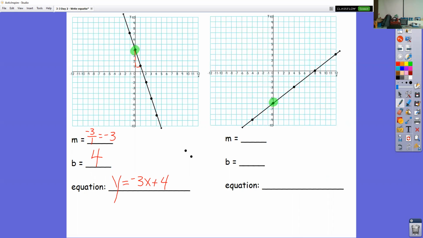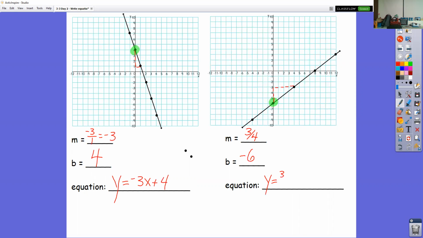Okay, crosses the y-axis at -6. So your y-intercept is -6. And then rise over run. 1, 2, 3. 1, 2, 3, 4. So a rise of 3 and a run of 4. And then you write your equation.